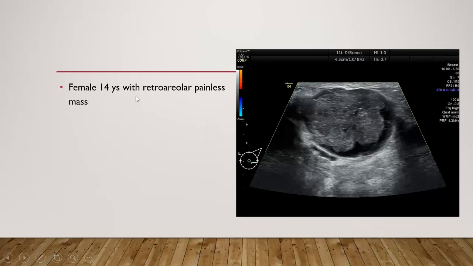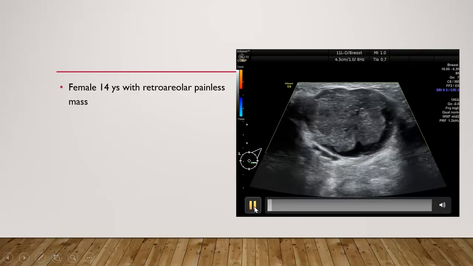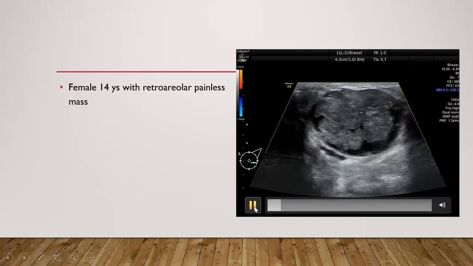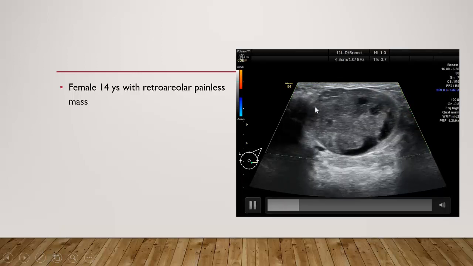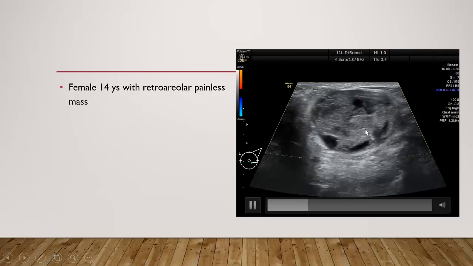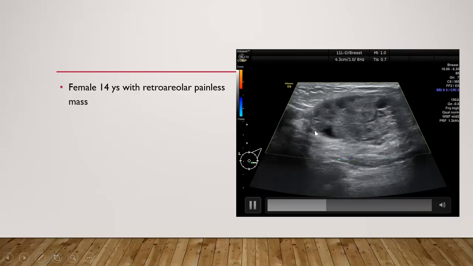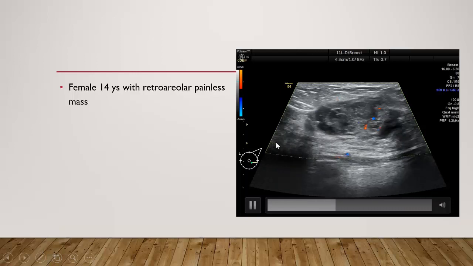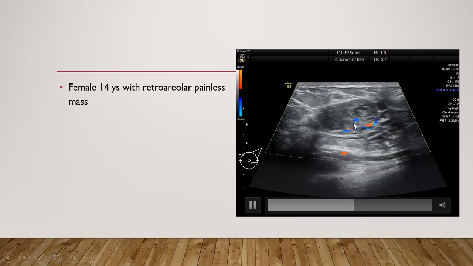Another case, this female was 14 years old with retroareolar painless mass and here is the findings. So this is not complex cystic and solid. This is echogenic, fibrin-like or proteinaceous material inside. It was strange for her age. This vascularity is not in the lesion, it is in the wall.